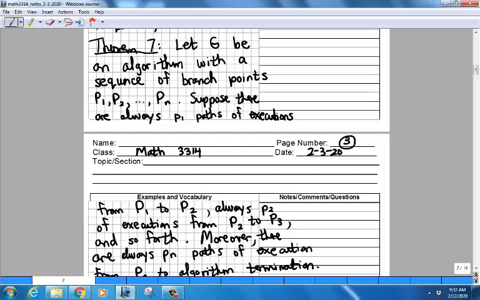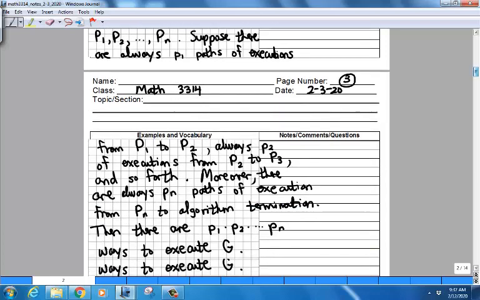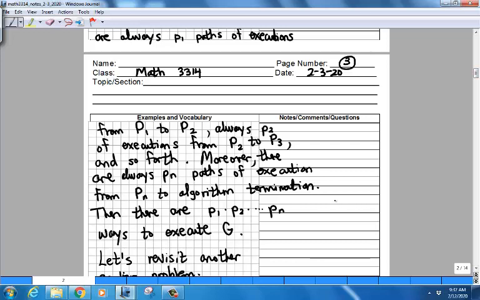Y'all understand that, right? The number of paths of execution does not depend on what choice you make at the first branch point, and so on and so forth. Then how many ways do we have to execute the program altogether? It's just going to be the product of the number of executions after each branch point. Just take the product there.